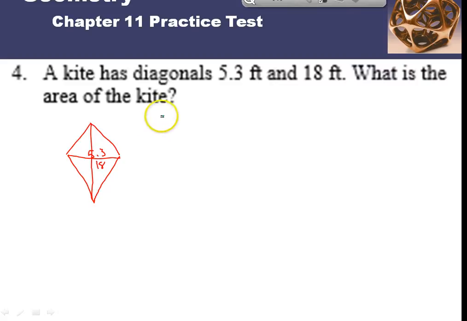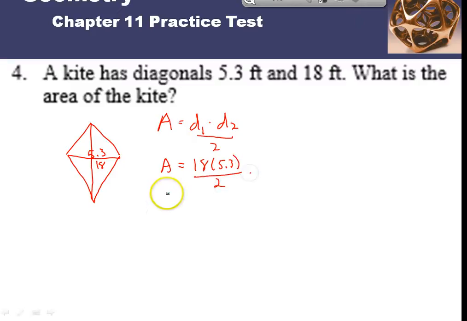So I'm going to say the area is diagonal 1 times diagonal 2 divided by 2. So that's 18 times 5.3 divided by 2. And I think that's 47.7.